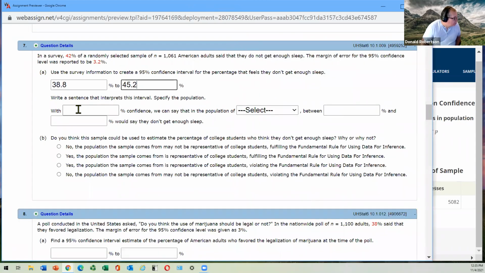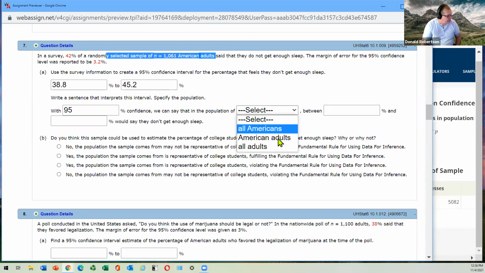So, with 95% confidence, we can say that the population of all Americans or all American adults, ooh, I should read the story here. This survey was American adults, agreed? So when I look at this choice, it's American adults, right?